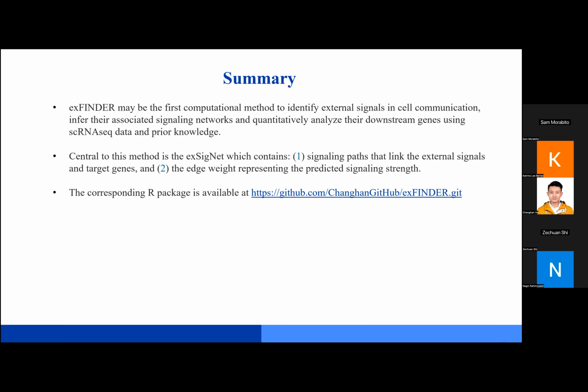Central to this method is the exSigNet, the external signal related signaling network, which contains the paths and the nodes that represent the genes, and the edge weights represent the predicted signaling strength. The corresponding R packages are available online. You're all welcome to test that. I'm still updating the database. Yeah, I think that's the main part of the paper.